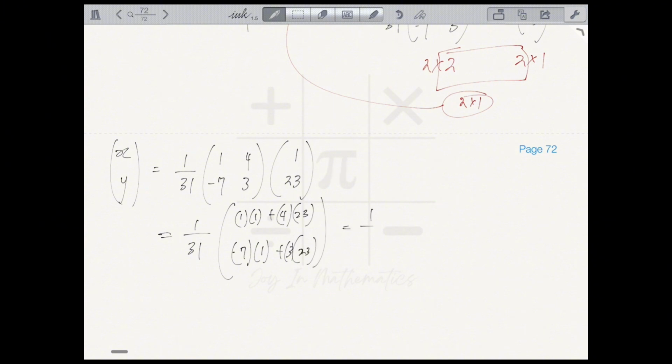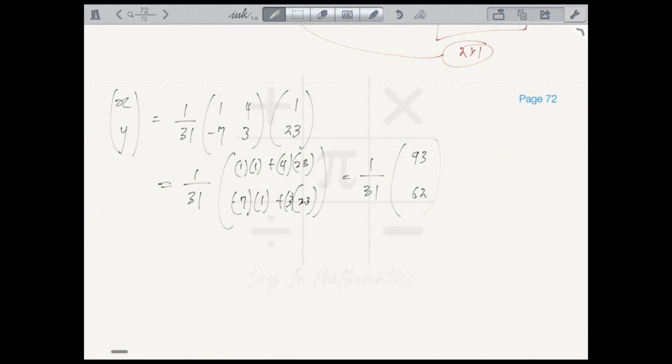Resolving this, all together will give us 93 and 62. So we multiply each term by 1 over 31, just like in scalar multiplication, where k multiplied by the matrix is k times each element of the matrix.